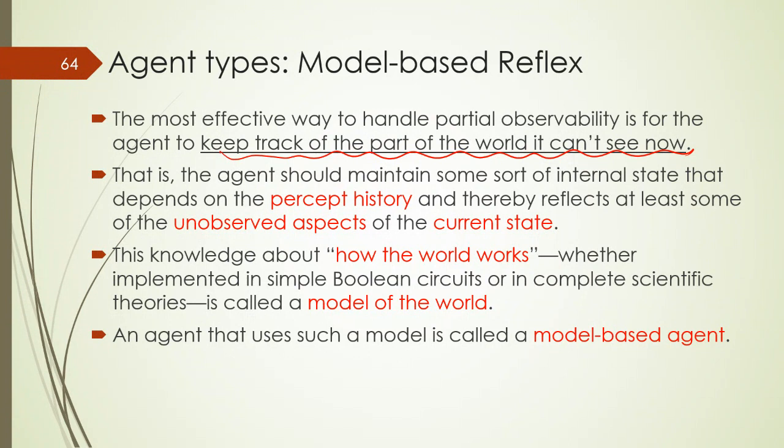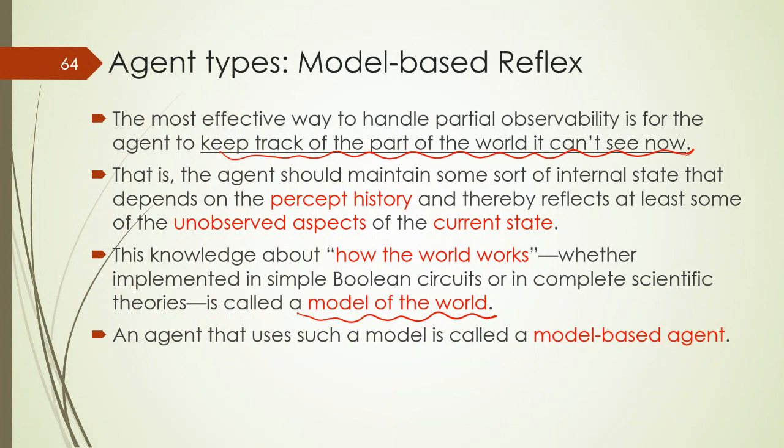The percept history and the current state. So this knowledge about how the world works, whether implemented in a simple Boolean circuit or in a complete scientific theory, is called a model of the world. This is the function, like the Newton-Raphson method we use for square root.